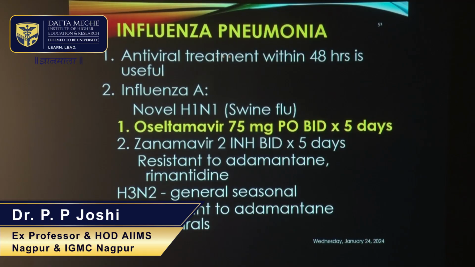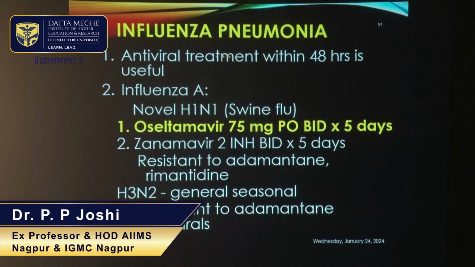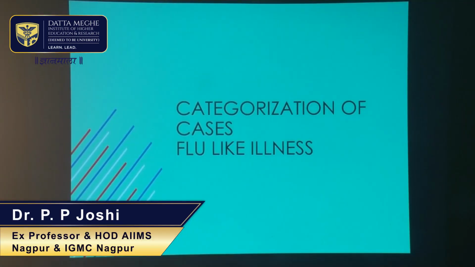Patients who are in contact with influenza patients may be given prophylaxis of oseltamivir 75 milligrams once a day for 10 days for prevention of influenza H1N1 pneumonia. Zanamivir is inhaled, it may be used, but that is not commonly available.